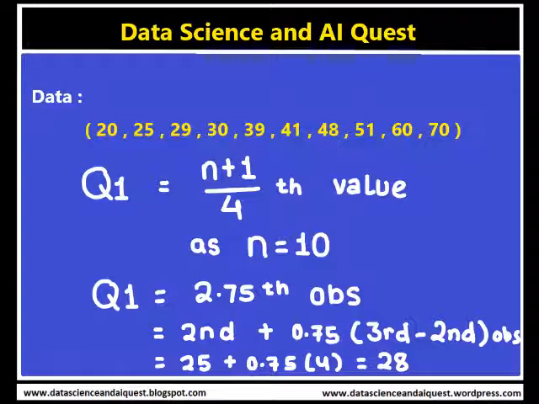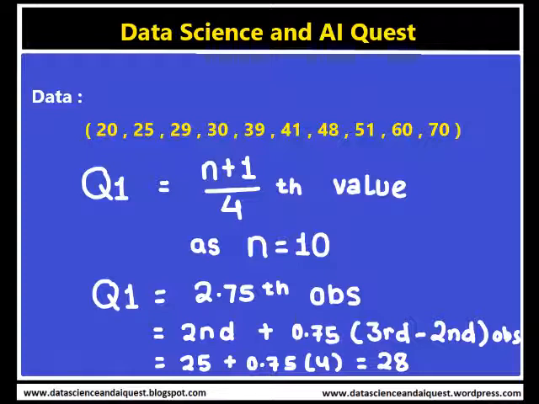As n is equal to 10, Q1 would happen to be the 2.75th observation.